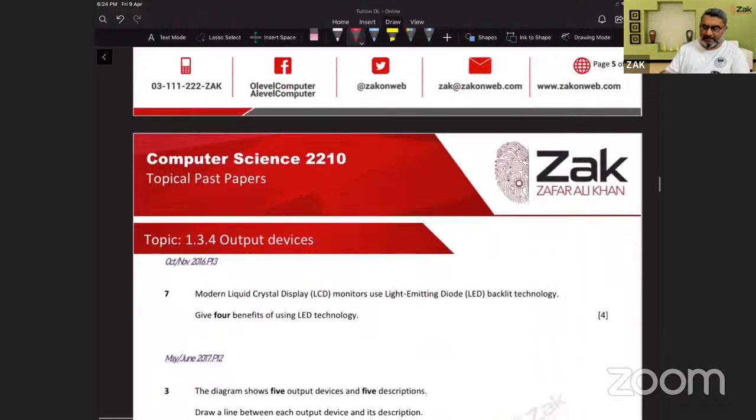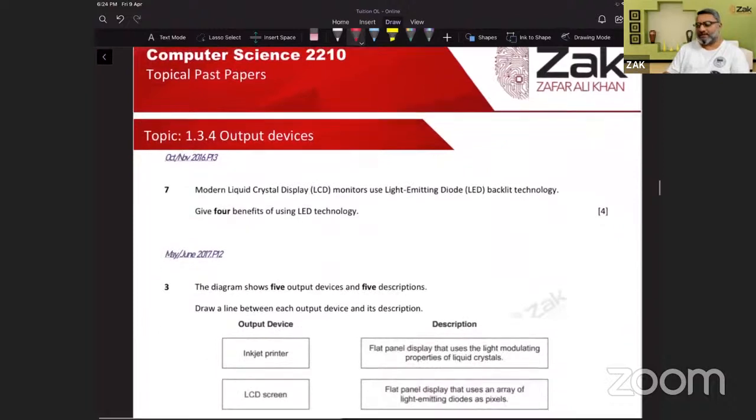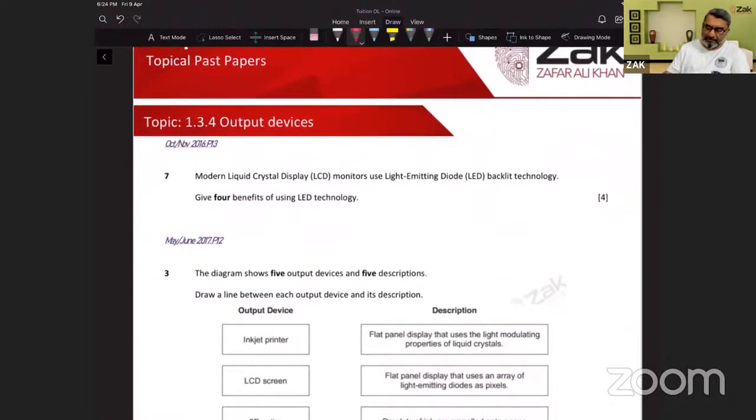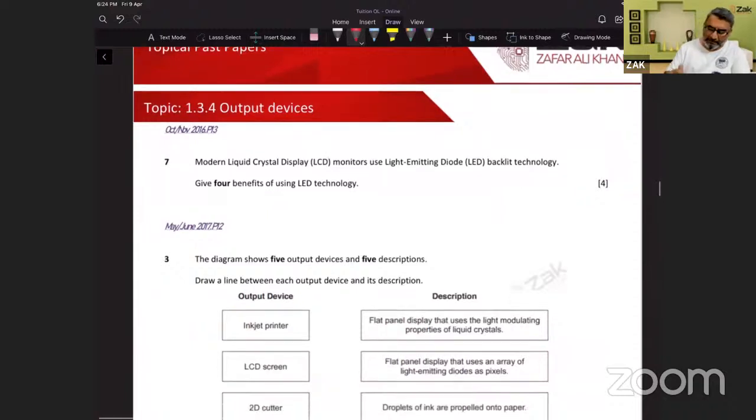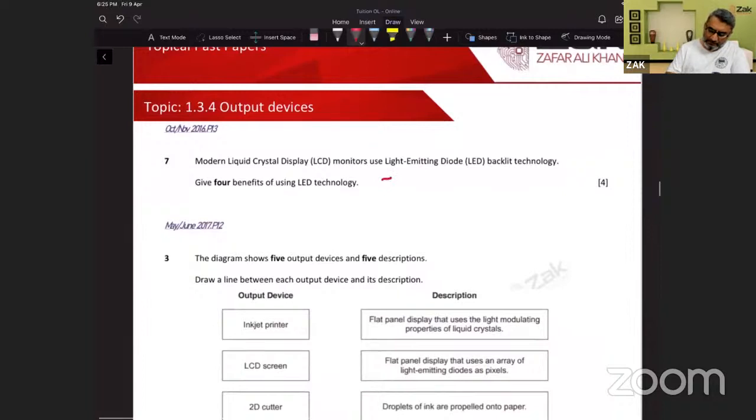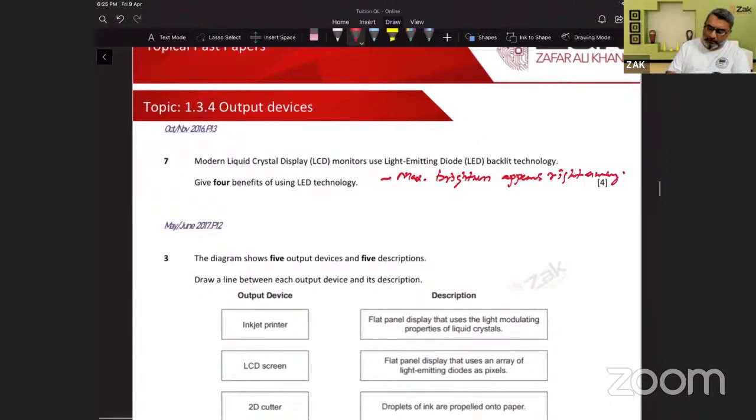Modern LCD monitors using light emitting diodes, backlit technology. तो LED के चार आपको फायदे बताने. अभी हमने ऊपर ये किया हुआ है. मैंने आपको बताया था: maximum brightness appears right away, fast. Colors जो है more vivid colors हैं.